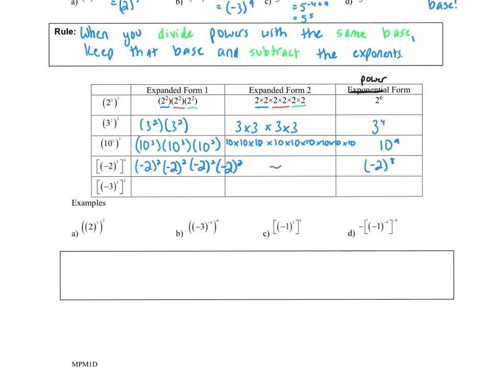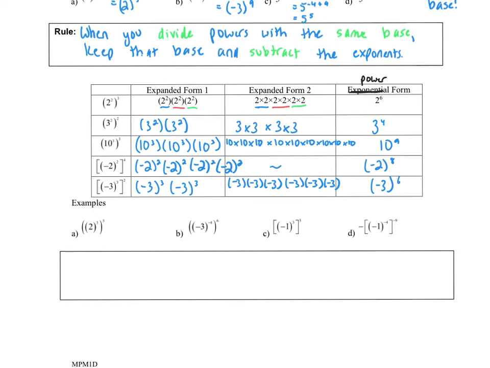And then the last example, I have base -3 cubed, and then that is being squared. So -3 cubed means -3 times -3 times -3, and then again I have -3 cubed. So the base is -3, and the exponent is 6 because I multiplied this 6 times.